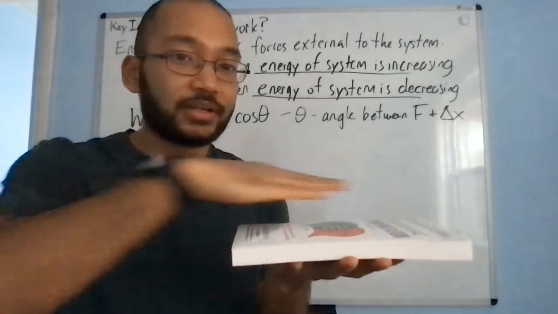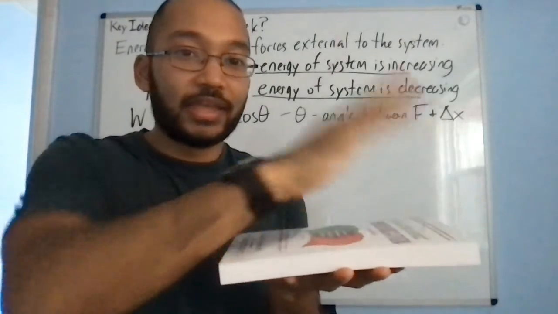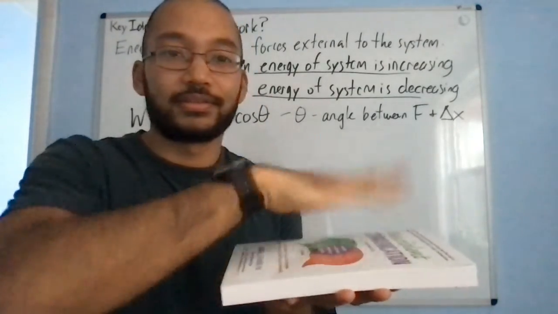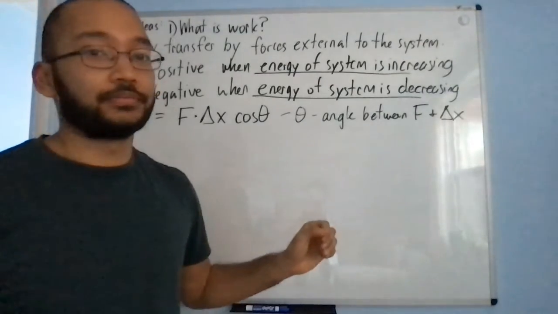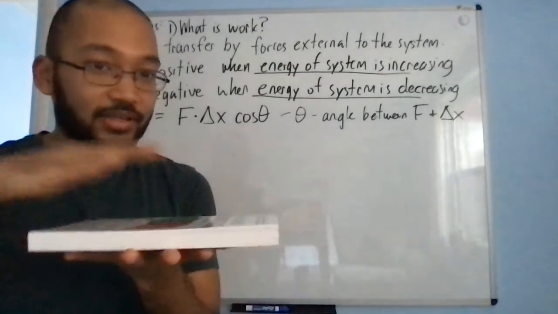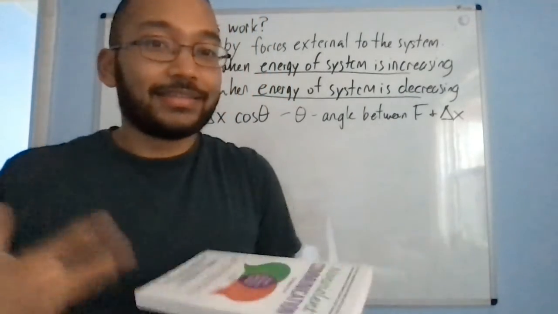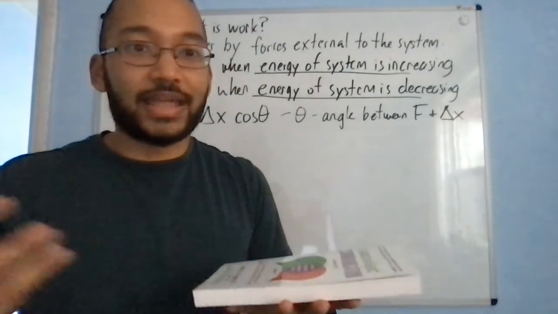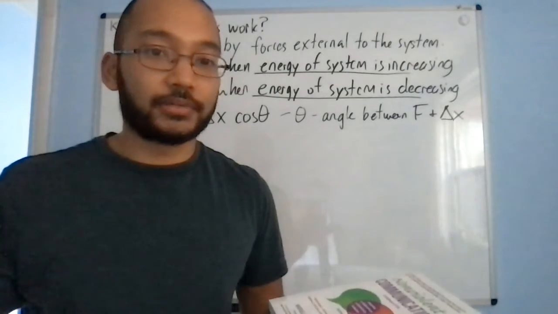The displacement of the object is horizontal. And so the angle between them is 90 degrees. And if you're good with trig, you can realize that cosine of 90 is 0. So in that case, when the force is completely perpendicular to the displacement, it's not adding or subtracting from the energy of the system. It's not doing any work.